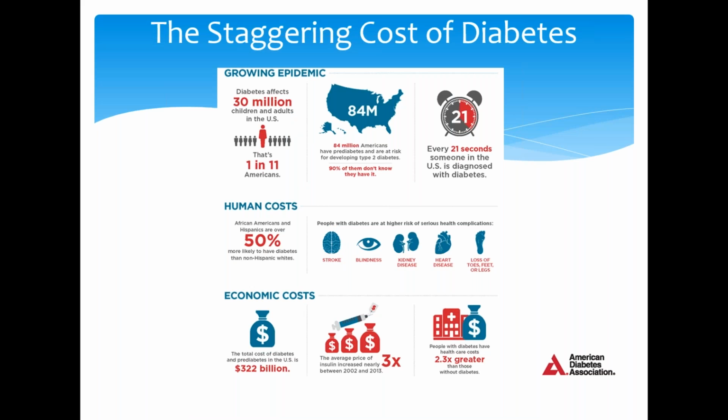This is a really neat infographic. If you haven't seen it, it tells the story in pictures. In the last slide we said it's 2 out of 5 Americans will develop diabetes in their lifetime. And in this slide provided by the American Diabetes Association, it's 1 in 11 Americans are affected by diabetes. One of the things that we're looking at is including the children who would develop diabetes in their lifetime.